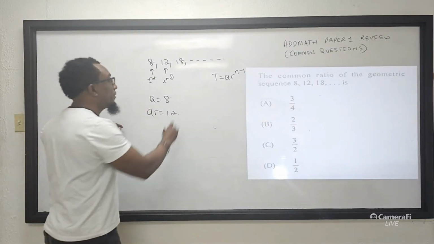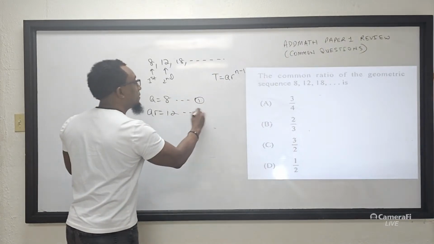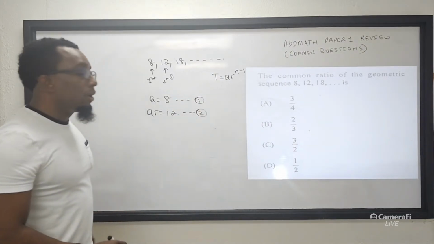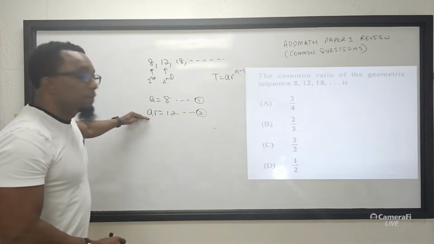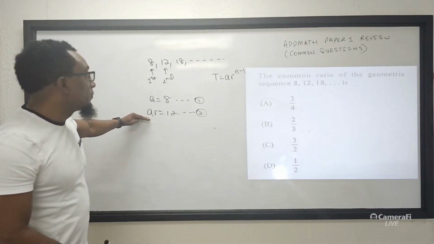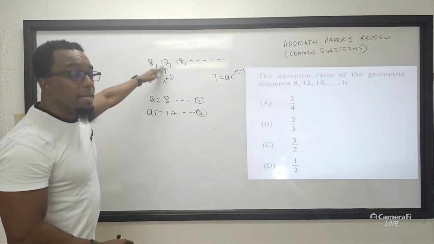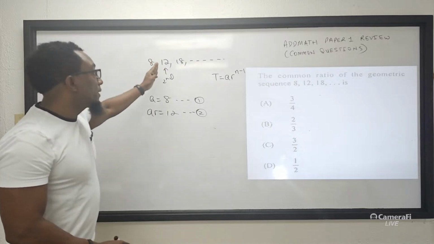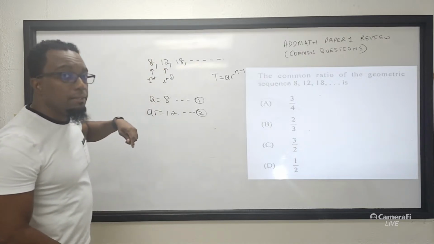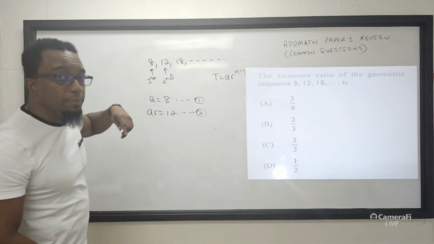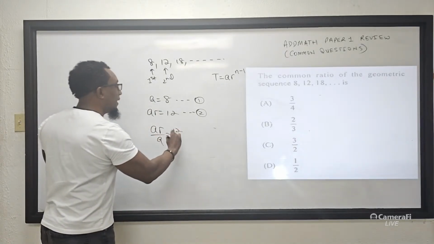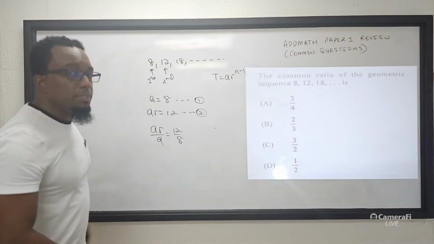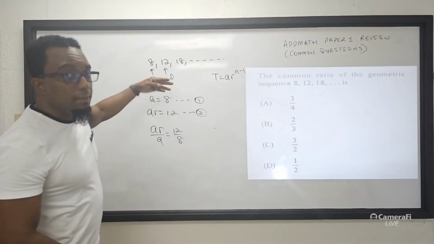And to find the common ratio, when it comes to GPs, you label both equations, you always divide the current equation or the current term by the previous. So the current is your second by the previous, which is your first. So you're going to put AR all over A and 12 all over 8. Always divide the current by the previous.